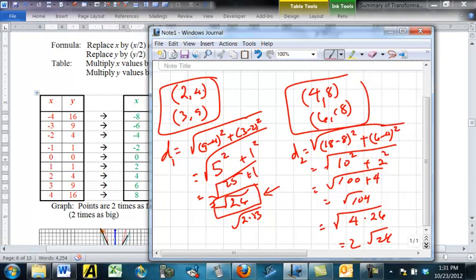Their images over here, there's the image of that one, there's the image of that one. The distance between those two is twice as big, 2 times that original square root of 26. And this happens no matter where we are, so it turns out that the distances are proportional, and the proportionality number there is the same as our scale factor, or our dilation factor.